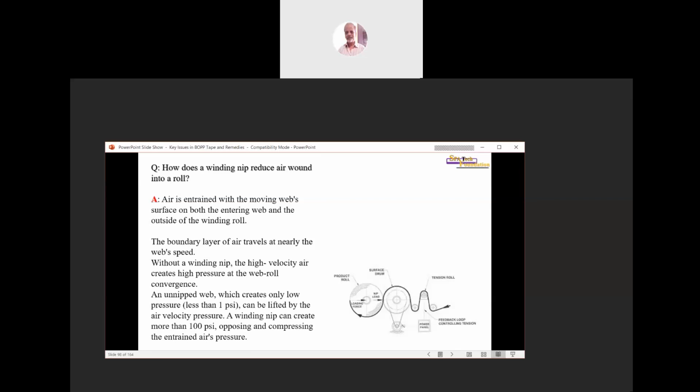An unnipped web, which creates only low pressure less than 1 psi, can be lifted by the air velocity pressure. A winding nip can create more than 100 psi pressure, opposing and compressing the entrant air pressure.